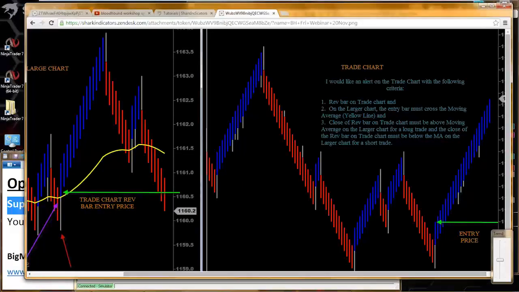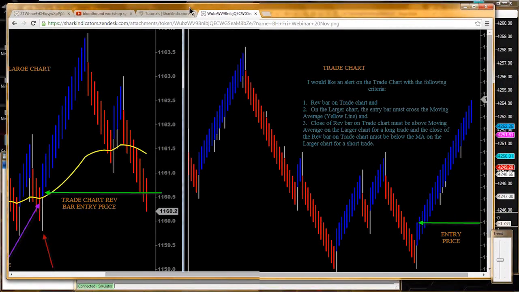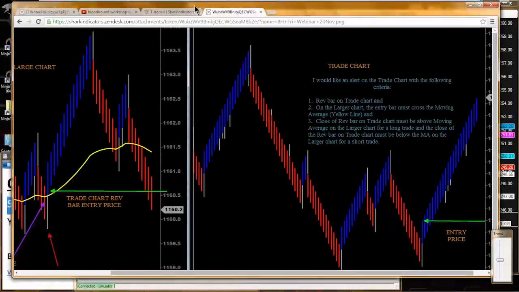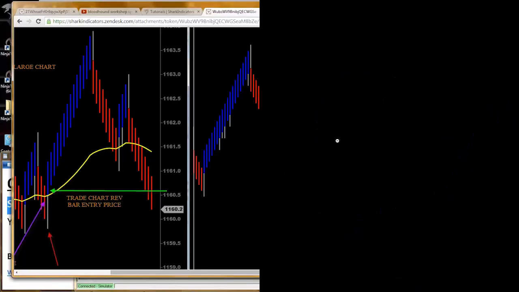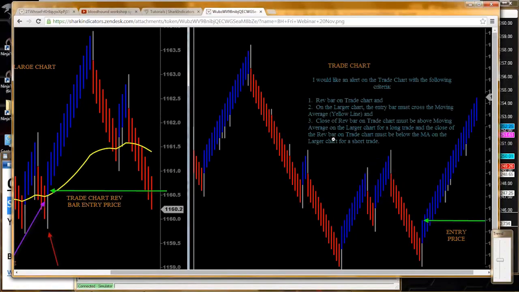So you know what? I guess I don't have any other questions coming in. So let me build this as best I can, with the limitations that we have, since we don't have a moving average indicator that's going to accomplish item number 3, but we can do the best we can for now.